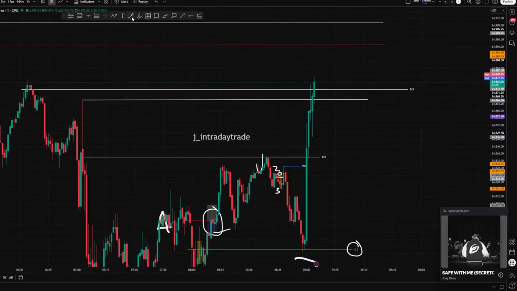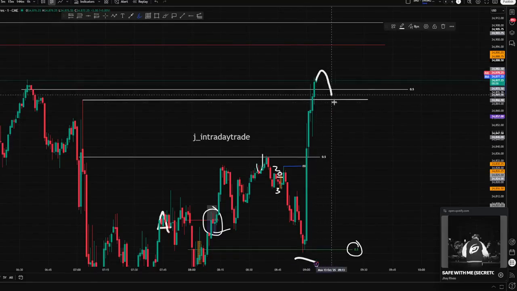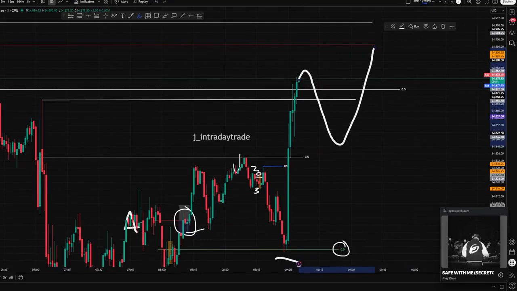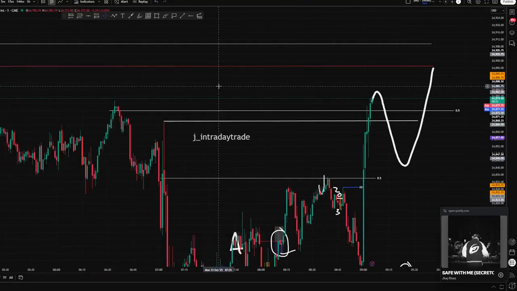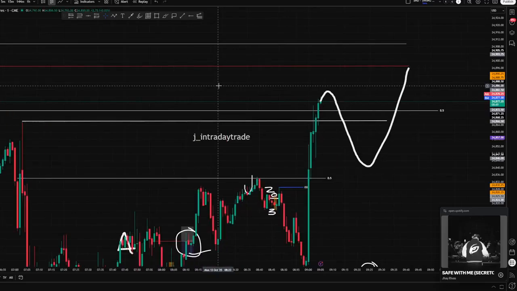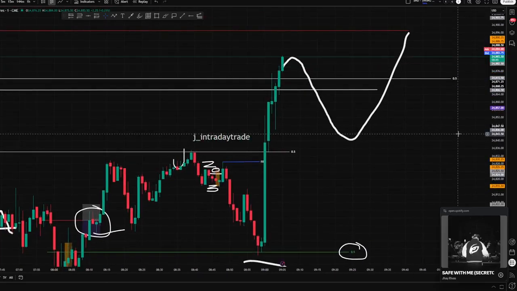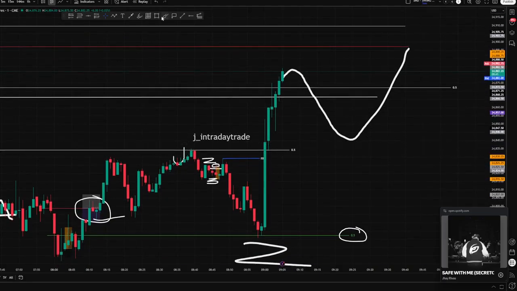CBC2 might see a reaction like this if it decides to be efficient, which is not something it has to be, especially before New York Open. It can just pump and then give some sort of drop.